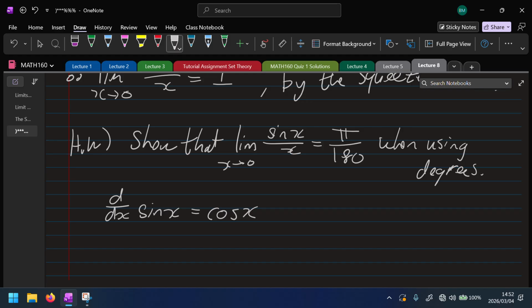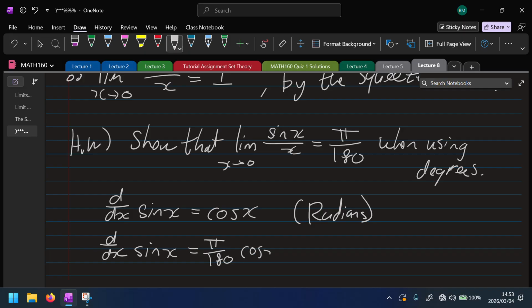This only works with radians. If we instead use degrees, we will get the following. This is with degrees. Equation 2 is ugly. We do not want to work with that.